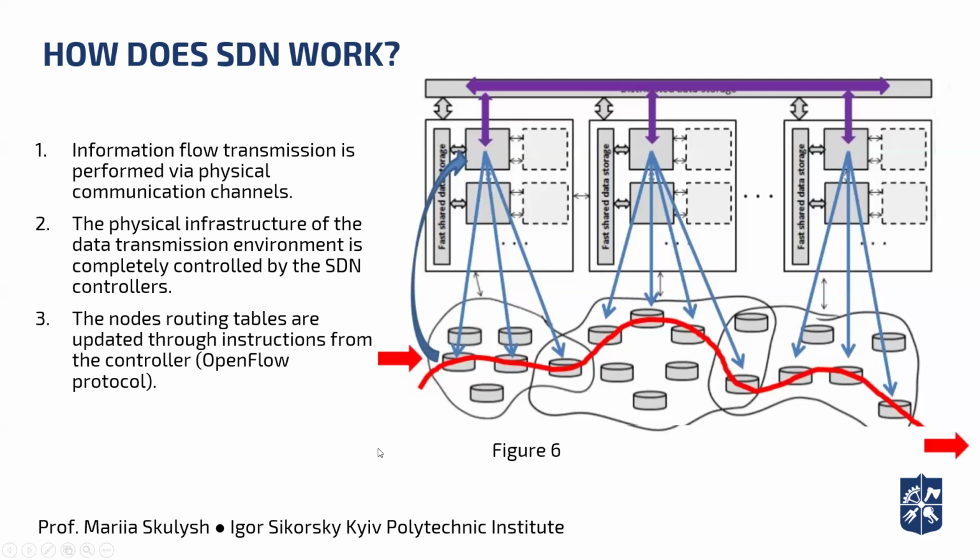So first a node sends a request to the controller, the controller sends a request to the application, the application calculates, and then sends the response to the group of controllers that take part in this path.